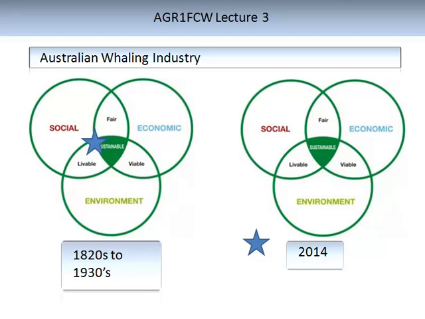The industry really kicked off in about the 1820s to 1830s, and during the period between the 1820s and 1930s showed examples of being very successful. It was at the time considered an example of a sustainable industry, although that may be hard to believe. There were plenty of whales and no harm to the environment at this stage.